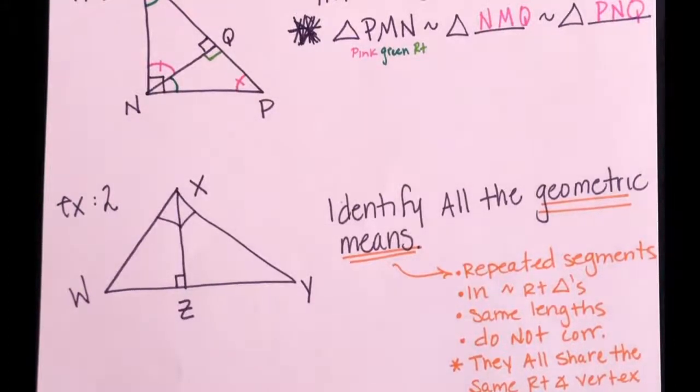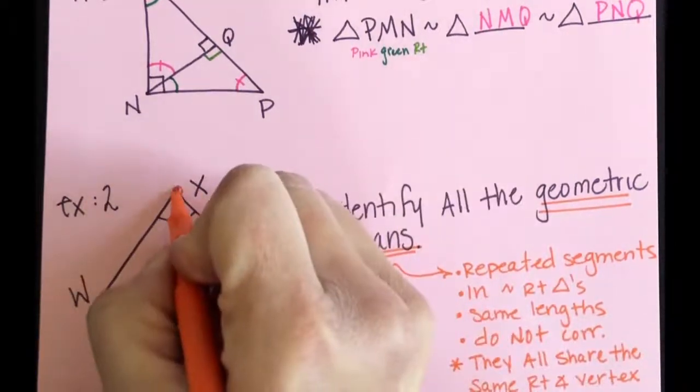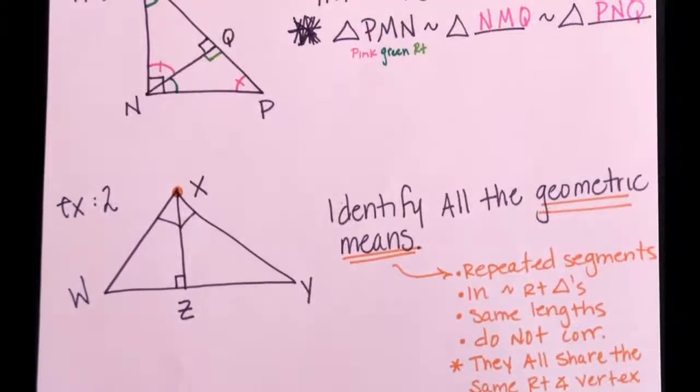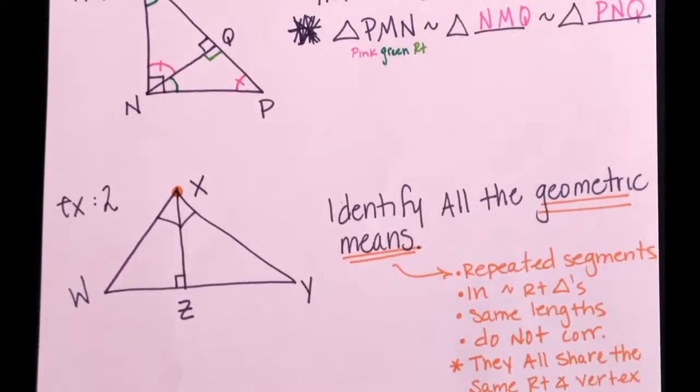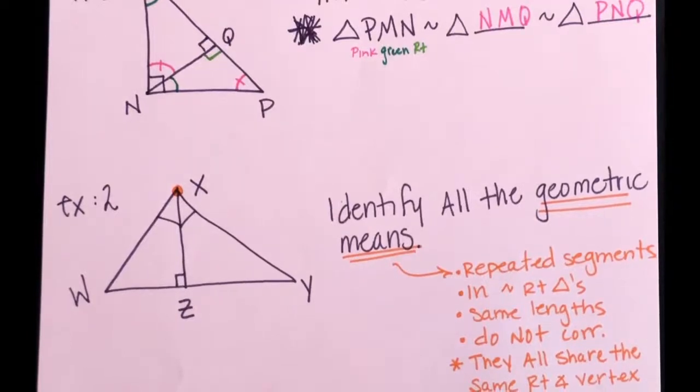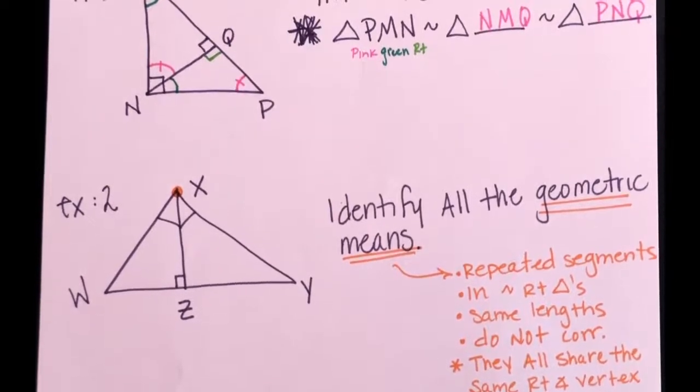All right, so we've got the segments that are all going to share this vertex endpoint. So every segment that's going to have an X is going to be one of our geometric means.